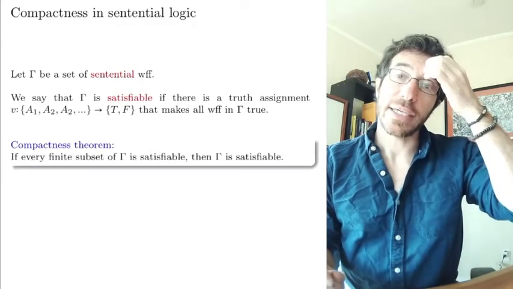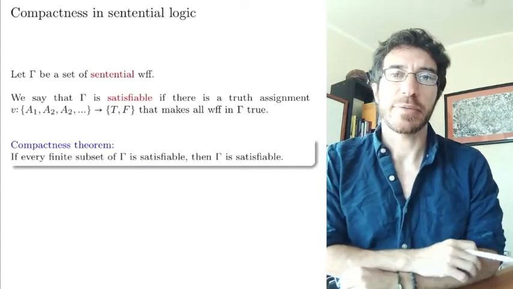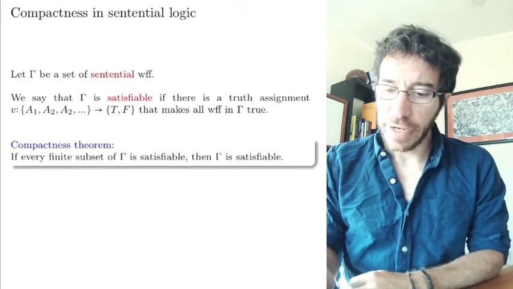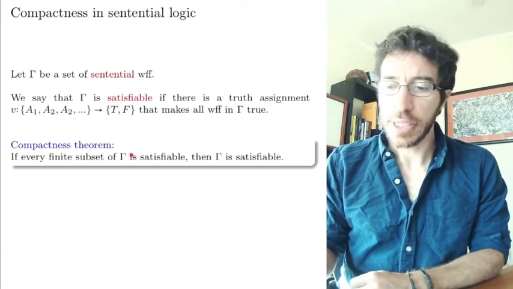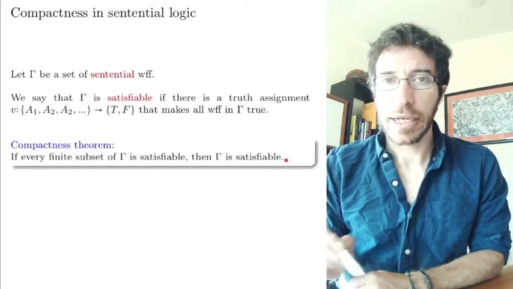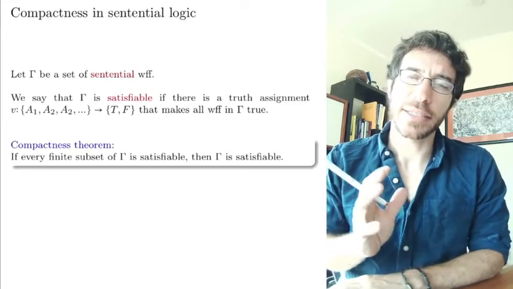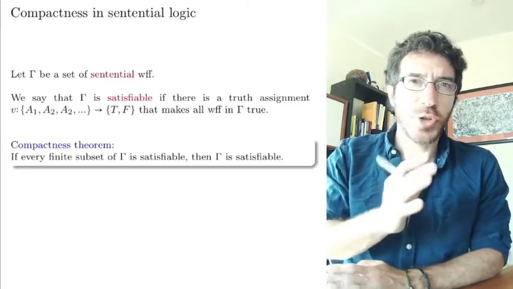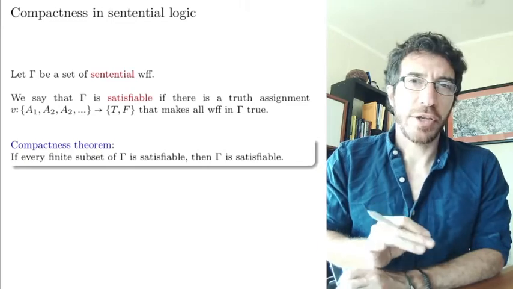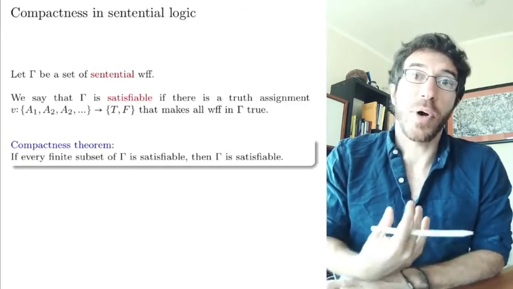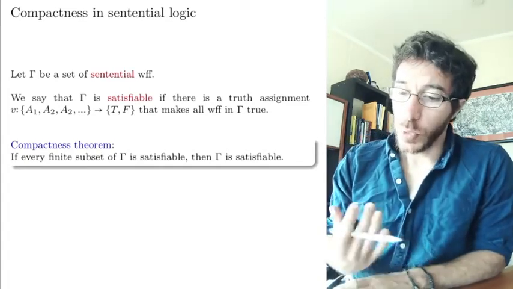And compactness is essentially the same statement as we had before. It says that if every finite subset of gamma is satisfiable, then gamma is satisfiable. And again, you should always do this little exercise when you see a theorem: why is it not obvious, or why does it make sense?